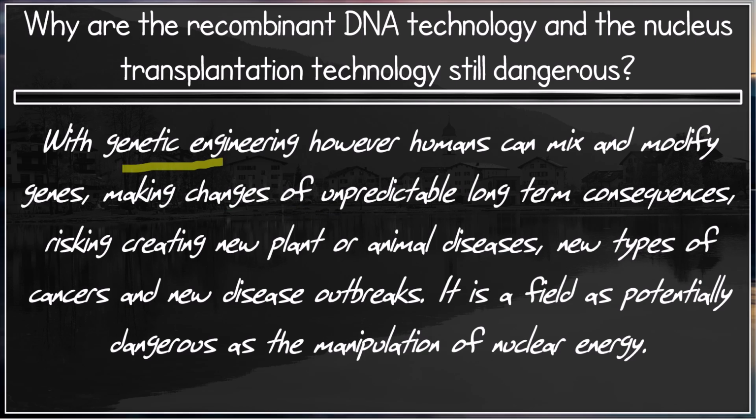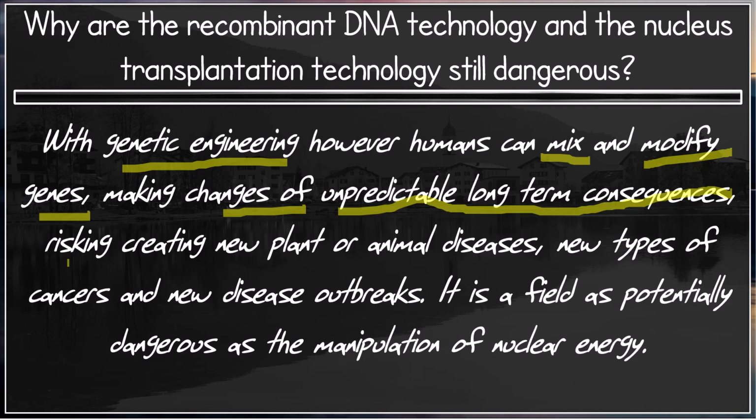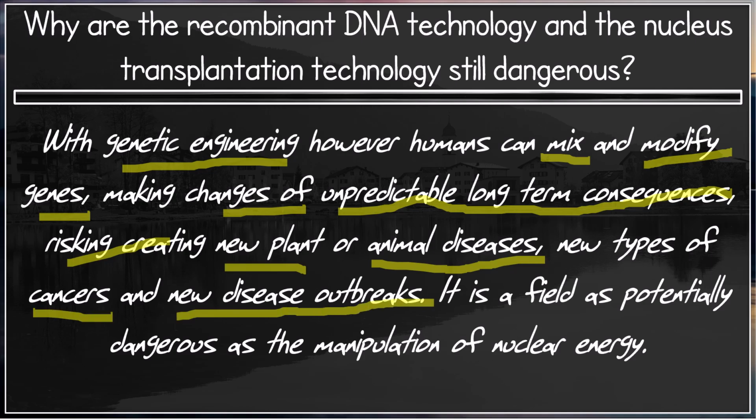With genetic engineering, however, humans can mix and modify genes, making changes of unpredictable long-term consequences, risking creating new plant and animal diseases, new types of cancers, new disease outbreaks. It is a field as potentially dangerous as the manipulation of nuclear energy.